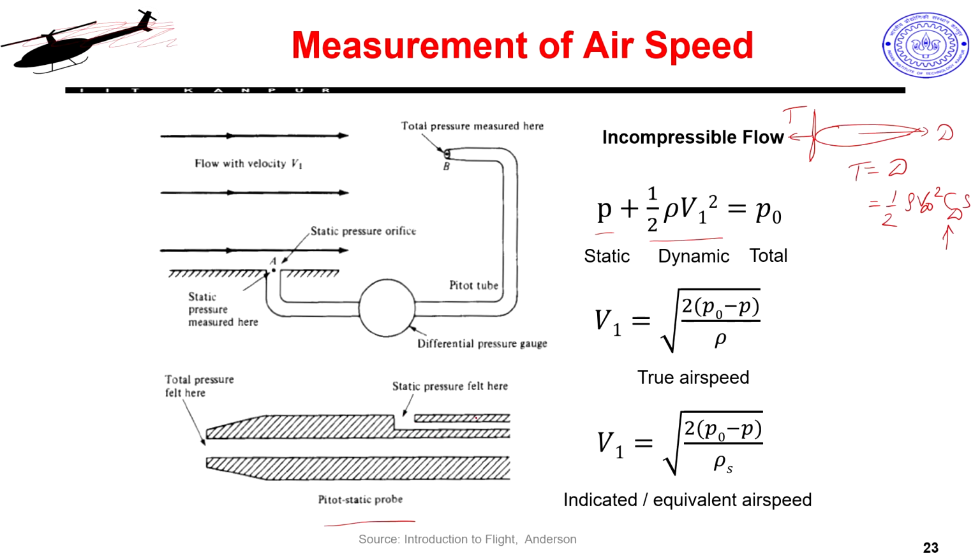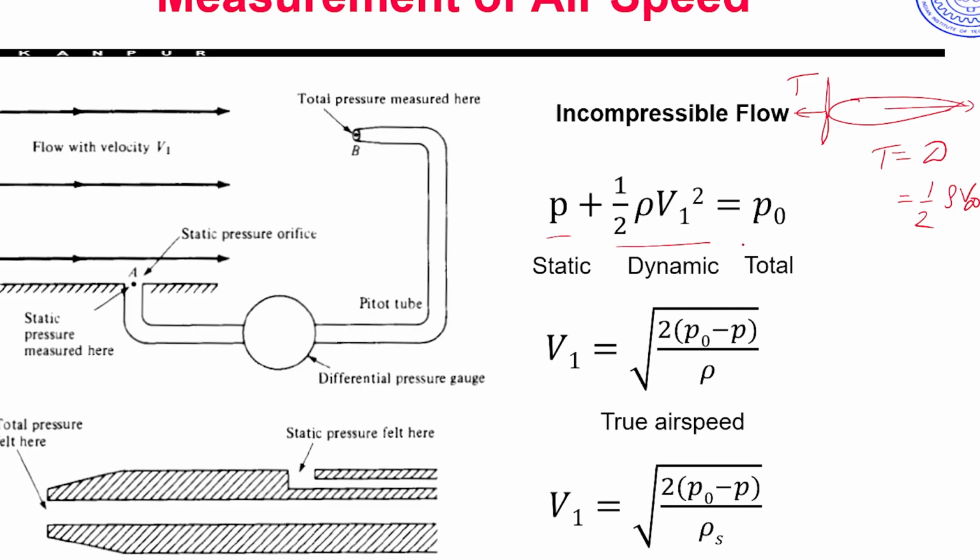Otherwise, I can have a tube with a second orifice on the side. So, there will be two tubes going, one at the center which measures the total pressure, and another on the side which measures the static pressure separately.